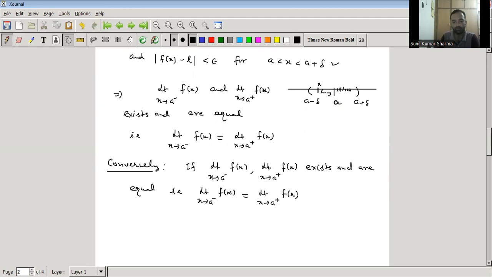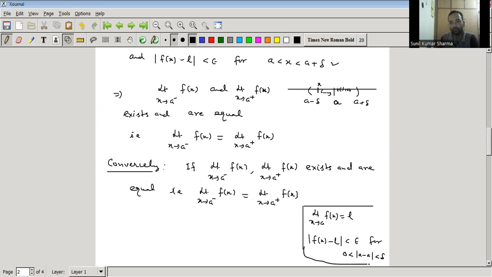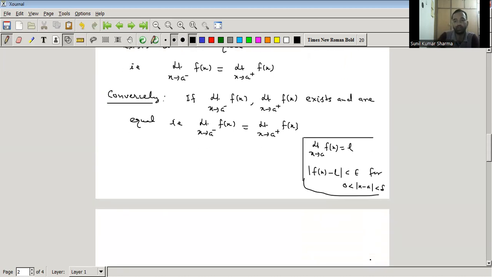Now we have to prove that mod f(x) minus L is less than epsilon. This is our goal. We have to show that the limit as x goes to a of f(x) is equal to L. By the epsilon delta definition, we have to show that mod f(x) minus L is less than epsilon for mod x minus a greater than 0 and less than delta. So we have to prove this part.